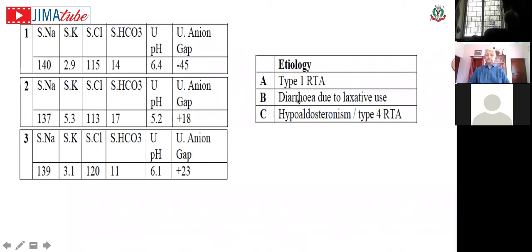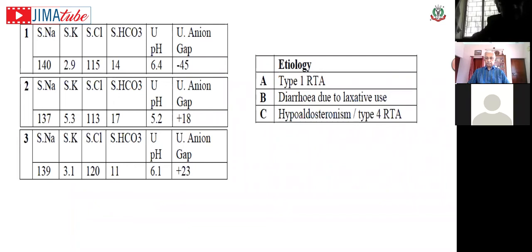The reason for this is that in diarrhea, the kidney excretes acid. In fact, before this meeting, Professor Ganguly had mentioned we are vertebrates because kidneys are able to excrete acid. Now, in diarrhea due to laxative use, the kidney still preserves the capacity to excrete acid.